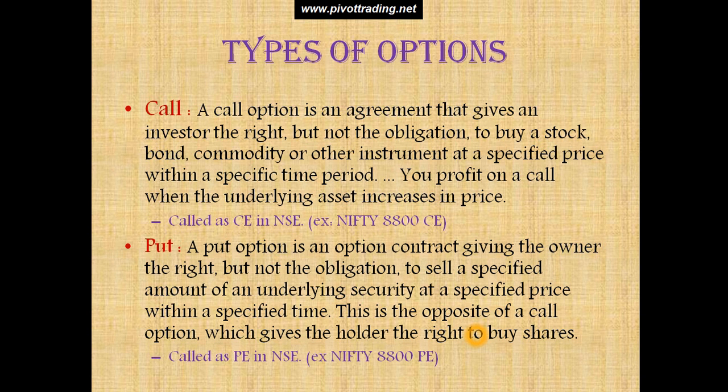So after 10 days, if you think the price of Reliance has actually gone down, you can sell the shares of Reliance to Mr. X at whatever price you agreed before. So you are ultimately in profit. How you are ultimately in profit, I will explain after a few minutes with a practical example. So this is what put options are. They are basically meant for when you are bearish about anything.